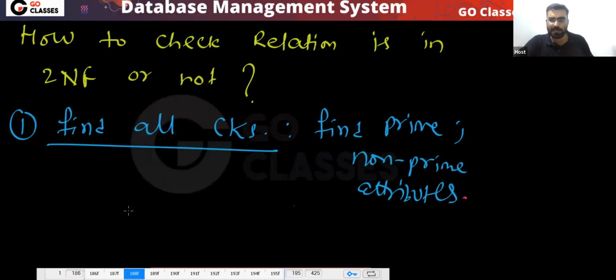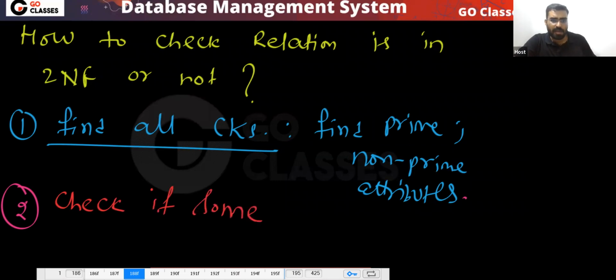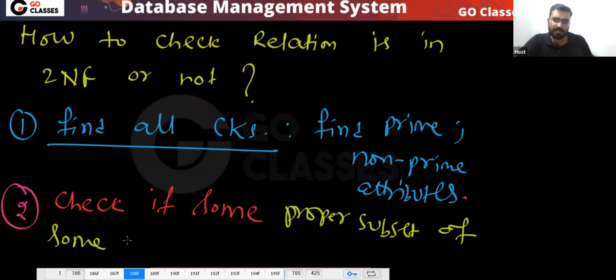After this, what is the second step? The second step is to check if some proper subset of some candidate key can determine some non-prime attribute.